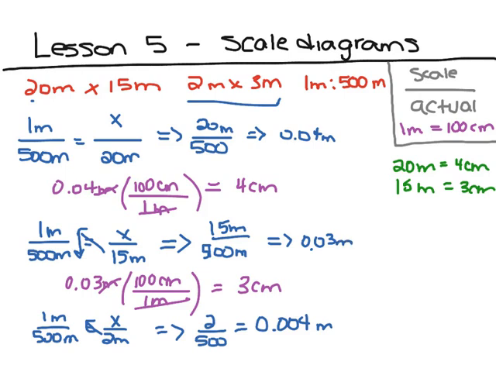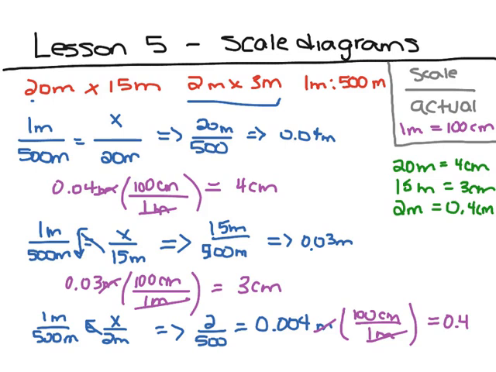To turn this into centimeters, we're going to multiply by 100 centimeters over 1 meter. Cancel, and you get 0.4 centimeters. So 2 meters is equal to 0.4 centimeters.